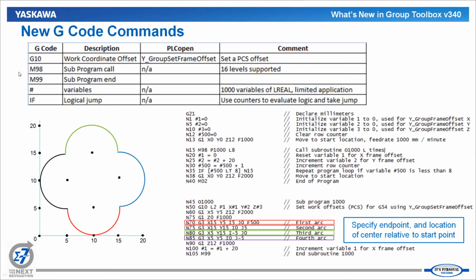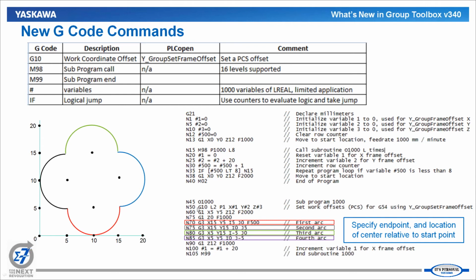Also, the subroutine calls and the ability to do variables and logical jumps all make this program possible. So in this short G-code program, we can demonstrate the ability to do this clover-shaped picture with 4 arcs and then do a repeating pattern by incrementing through some variables and through some iterative statements here.